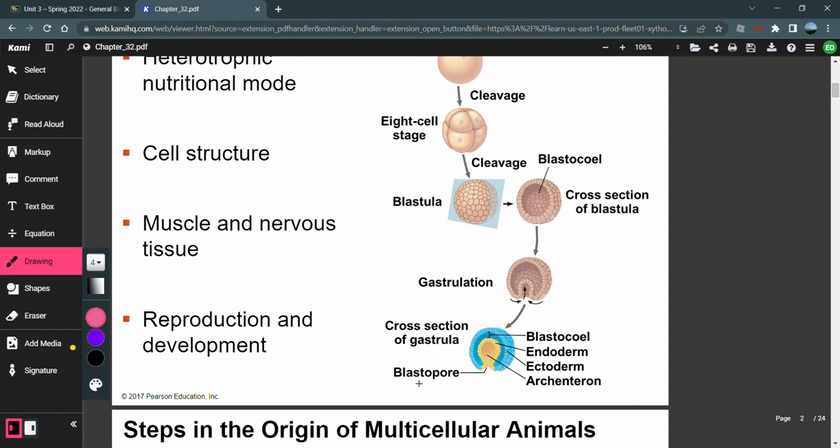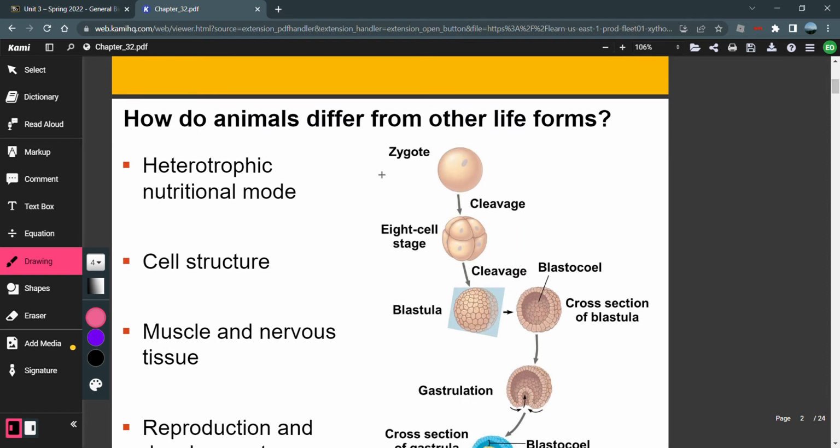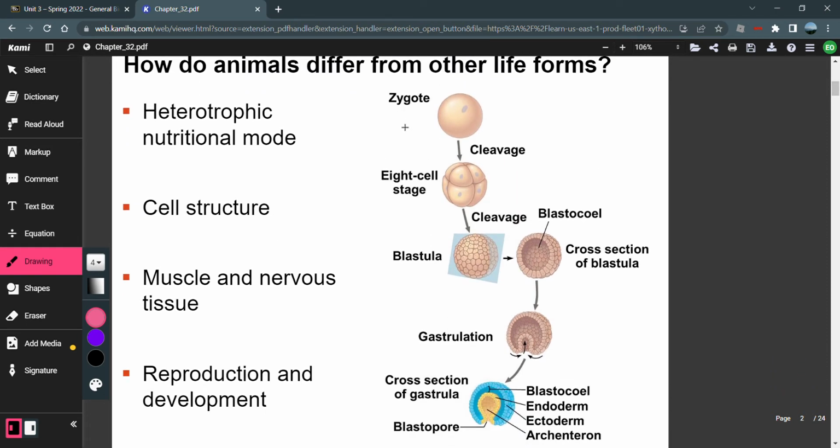So here is a zygote, an animal zygote. It cleaves again, meaning it just goes through mitosis. There's an 8-cell stage, and it cleaves again and again to become a blastula. The space is called a blastocoel.